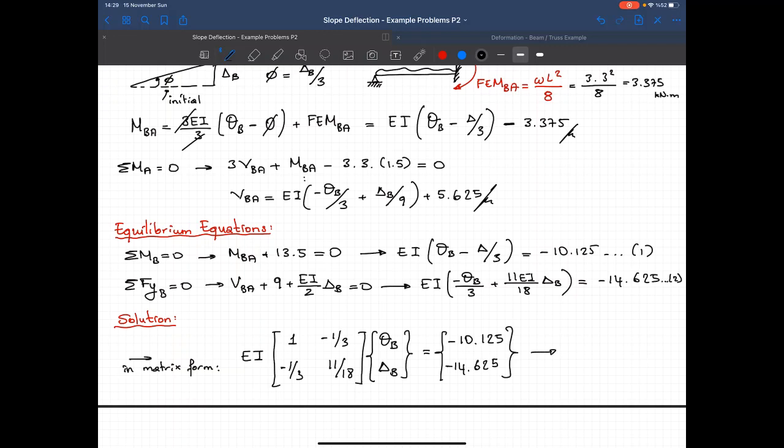And when you solve this system of linear equations, we obtain theta B equal to minus 22.125 over EI, and delta B equal to minus 36 over EI.